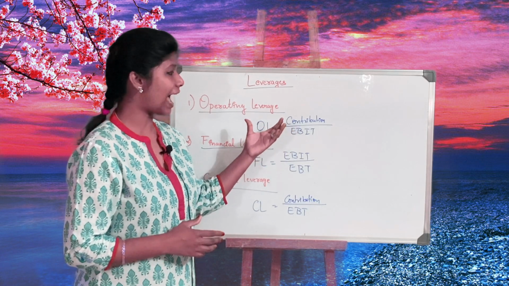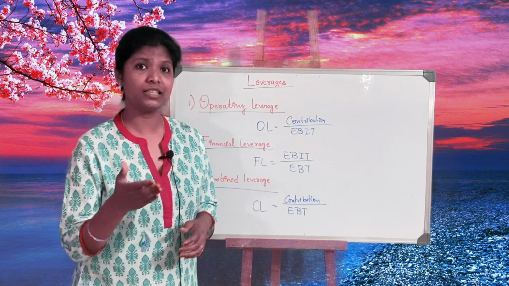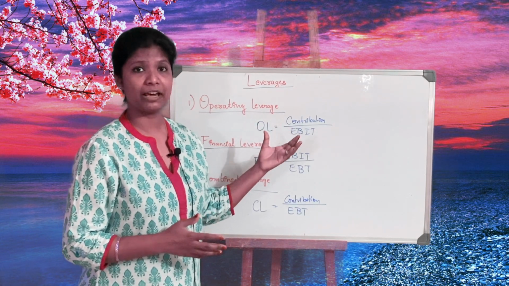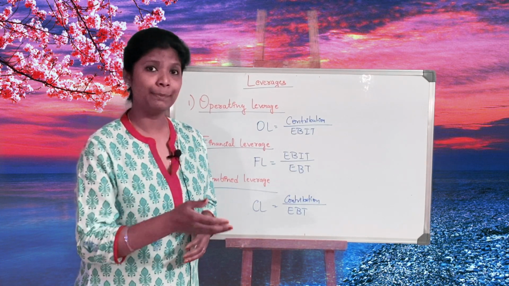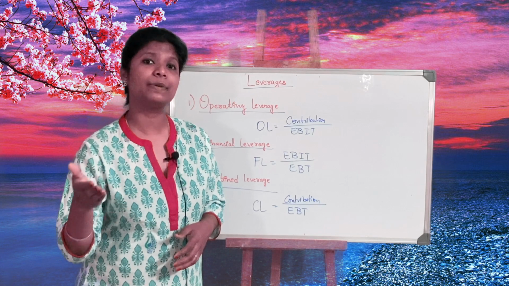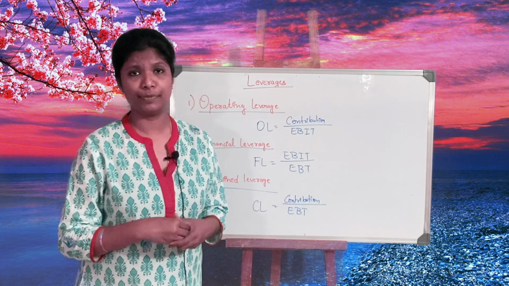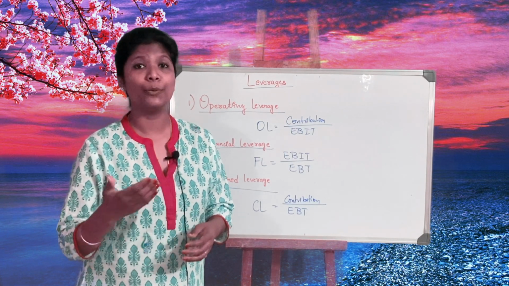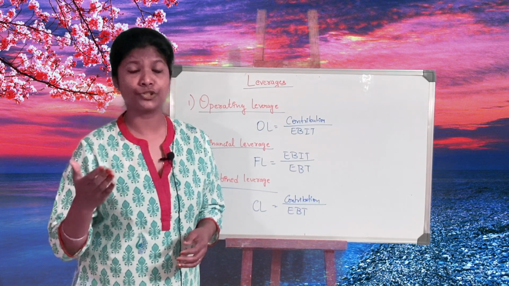Here we are discussing the amount of business risk the company can take up. When I say the operating leverage of a particular company is good, I'm talking about the company's capacity in meeting its business expenditure, or in simpler terms, how the company is able to run its production process without much hindrance or problems.